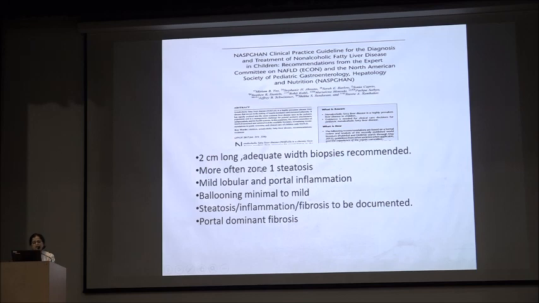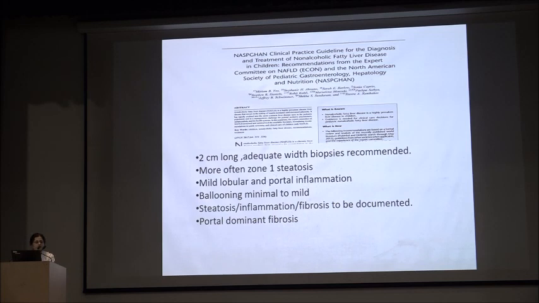Also, in pediatric NASH, especially in very young children, more often there is a zone 1 steatosis. Portal and lobular inflammation both can be very mild. Ballooning can be minimal to mild, and even if ballooning is present, it might be of non-classical type, where the ballooned hepatocytes are almost of similar size to that of a normal hepatocyte.